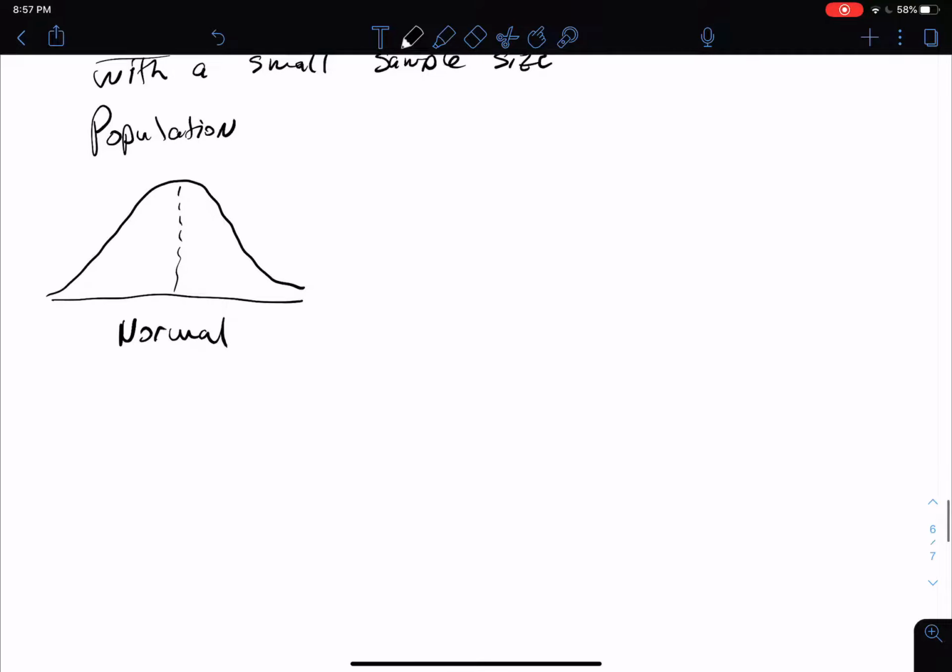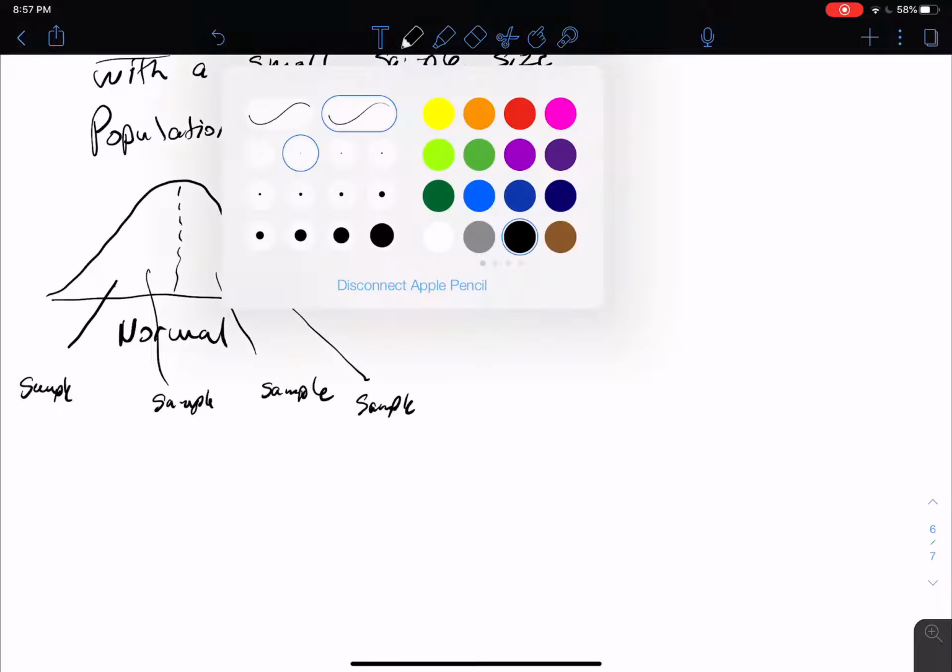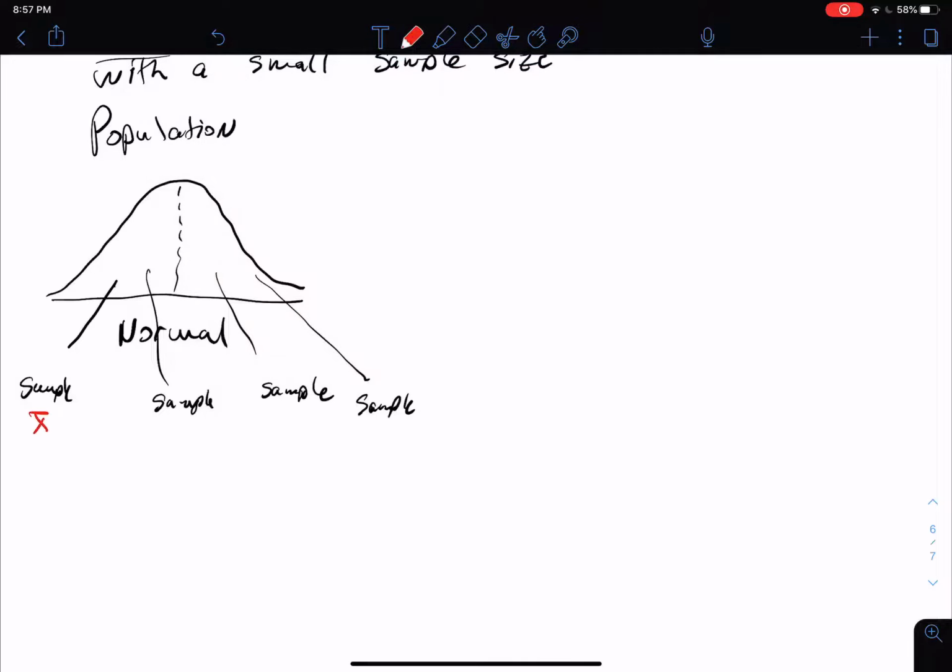Then you find your sample, another sample, another sample, so you take a bunch of samples. Then for each one of those samples, you figure out the mean of those samples. So the sample means, you create a distribution.